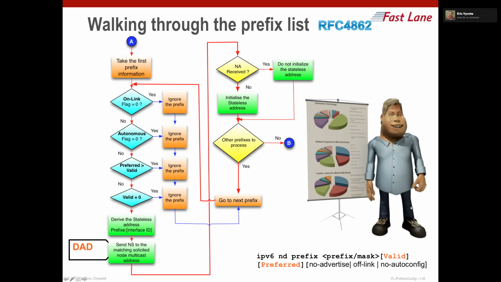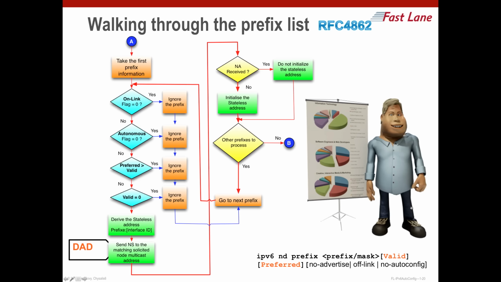Also, the preferred timer should not be bigger than the valid. The valid should be greater than the preferred, otherwise the prefix is ignored, and the valid should not be null, because otherwise the prefix will not be used for stateless address autoconfiguration. If all these conditions are verified, then we derive the address from the prefix and the interface ID, which can be randomly chosen or derived from the MAC address.